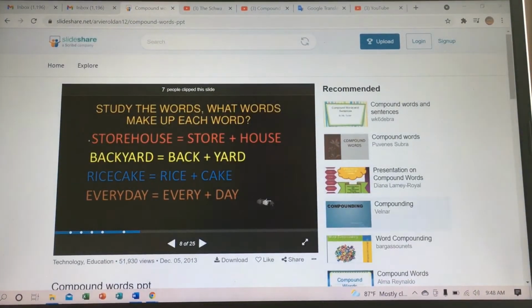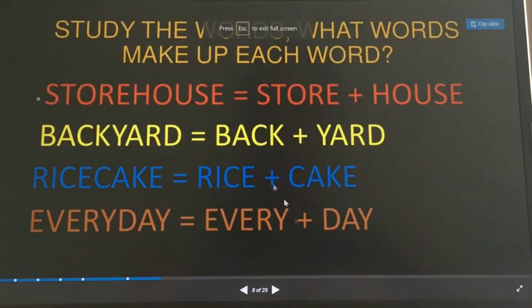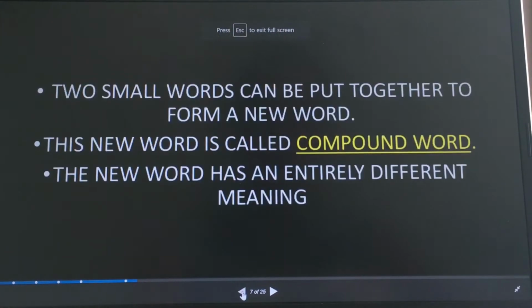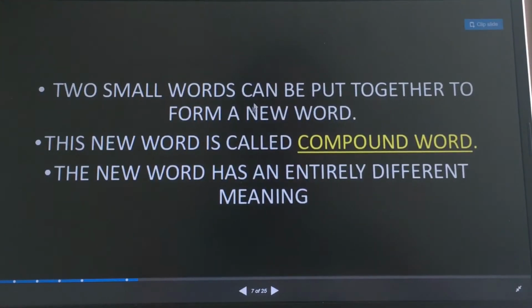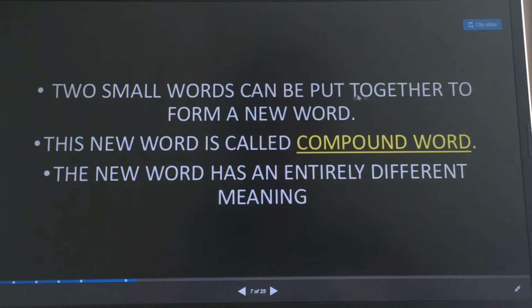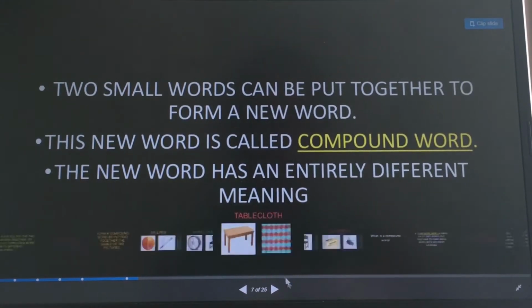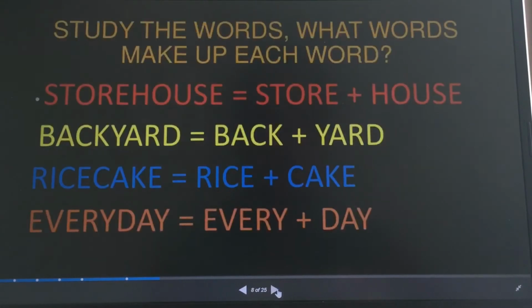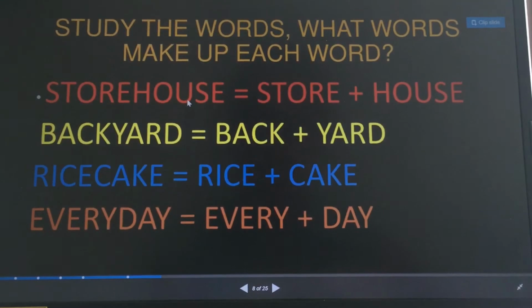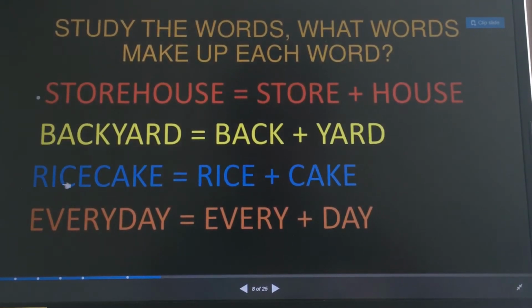So Patria, we are studying compound words. When you say compound words, those are two small words that can be put together to form a new word, and that new word is called compound word. Let's explore another example. We have storehouse, backyard, rice cake, and everyday.